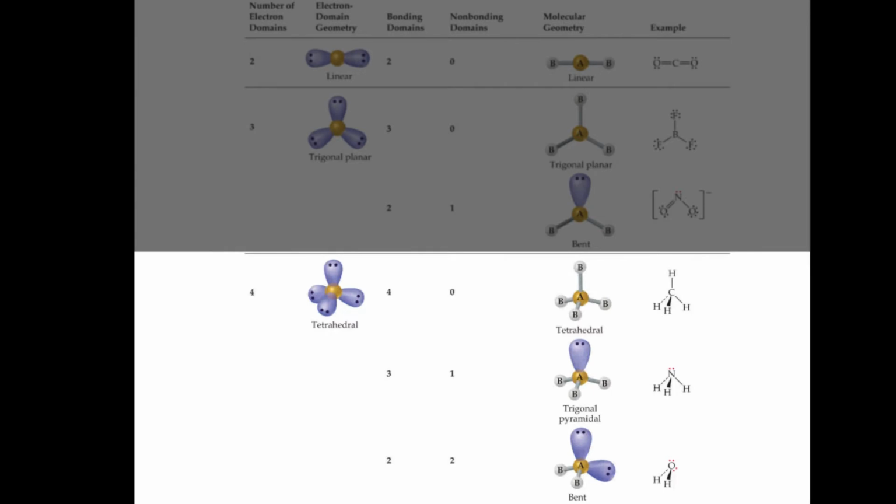Moving on to the case of 4 electron domains, this is the first example that actually takes advantage of 3-dimensional space. This is known as a tetrahedral electron domain geometry, and it is geometrically the optimum way of taking 4 domains all attached to the same central atom and still keeping them as far apart as possible. You can actually investigate this structure for yourself by tying 4 balloons together at the center.